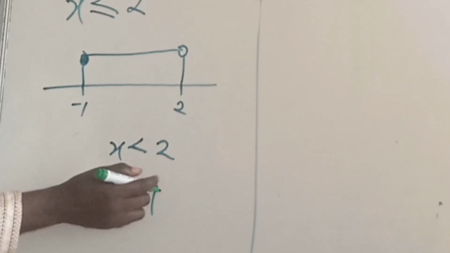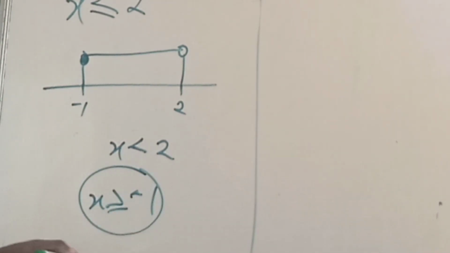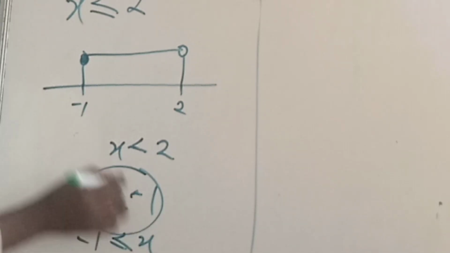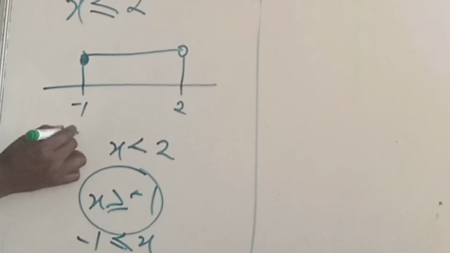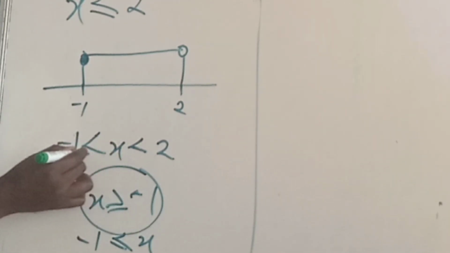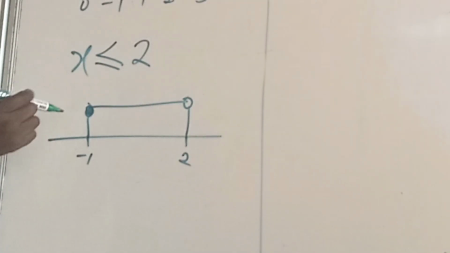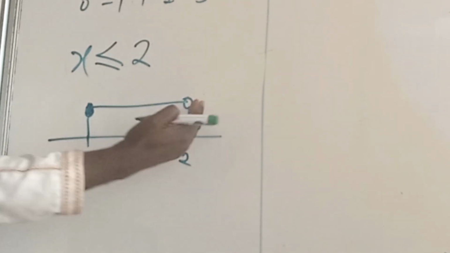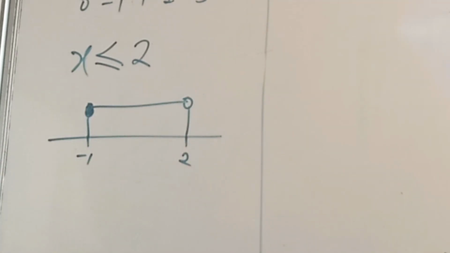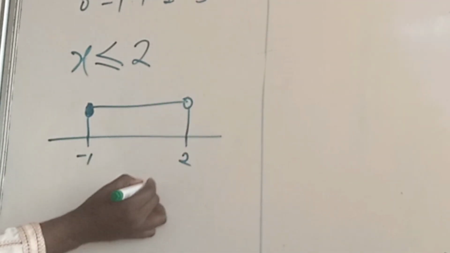You now reverse this. So it will turn to -1 less than or equal to what? x. So this will then be -1 less than or equal to x, this will be the answer. You have this combined inequality, right? Let's start with this one. If you want to write this, this is what? x.